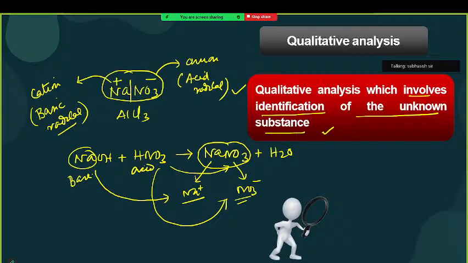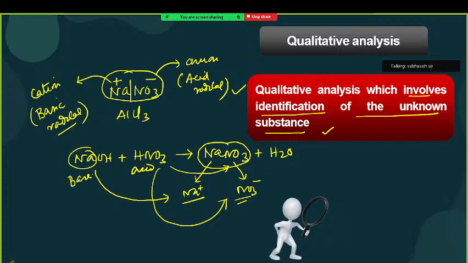So if you want to identify a particular salt, you have to identify separately the acidic part of the salt and also the basic part of the salt. In this chapter, we generally determine the basic radical part of a salt, not the acid radical part, that is the anionic part. We discuss how to determine the basic radical part, or the cationic part, of a sample.